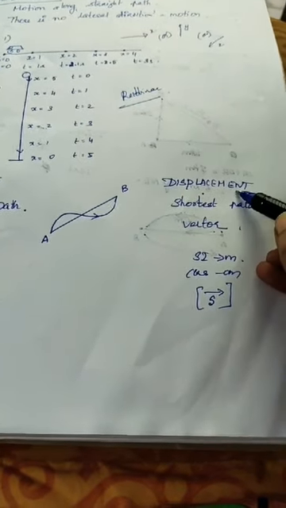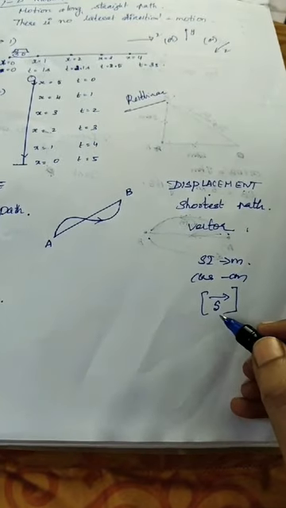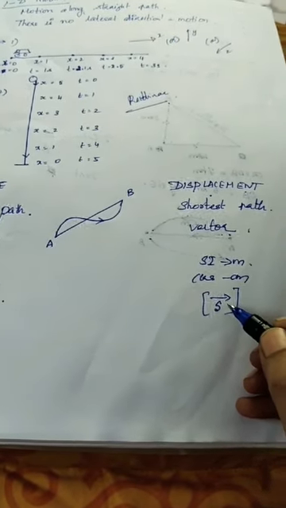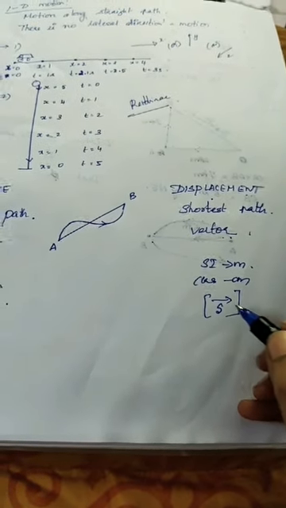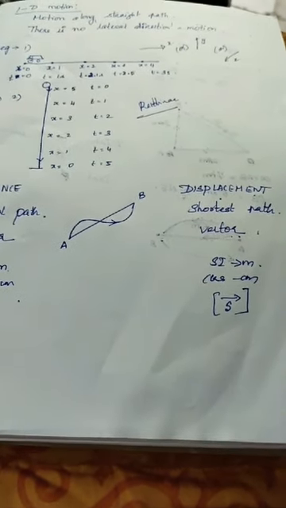In order to represent a displacement, I'll use the letter S along with the representation for a vector quantity. The representation for a vector quantity is an arrowhead, which we will use. Here we will just consider displacement.